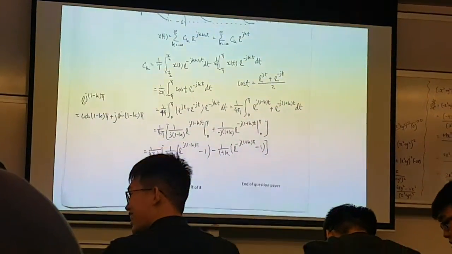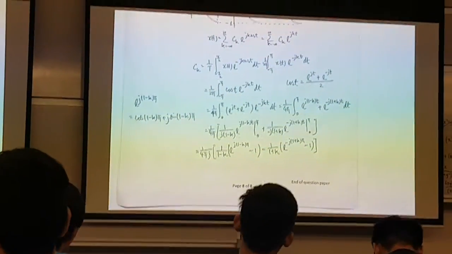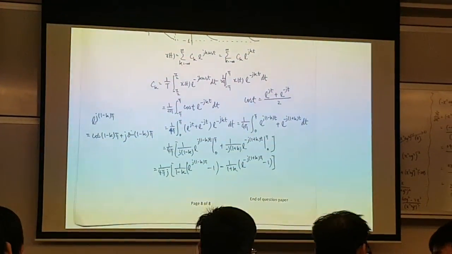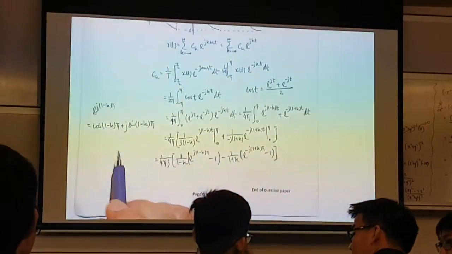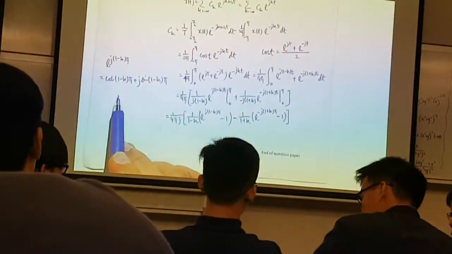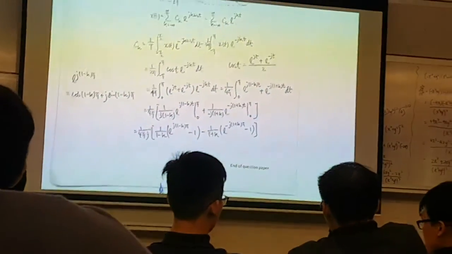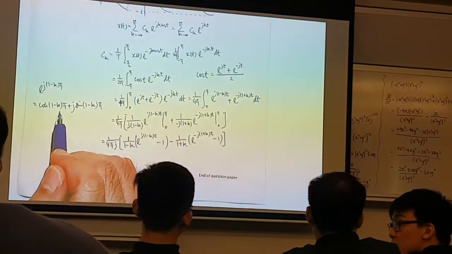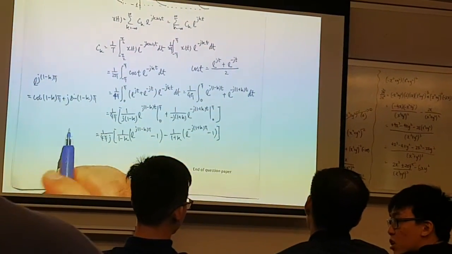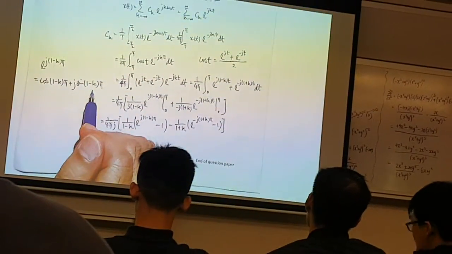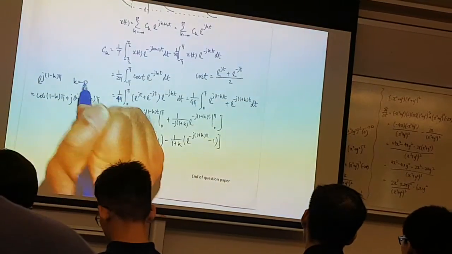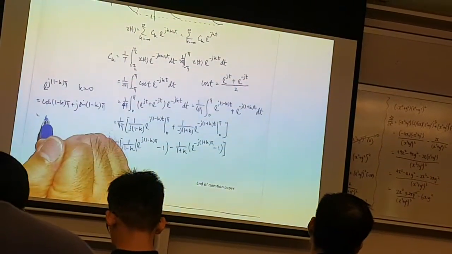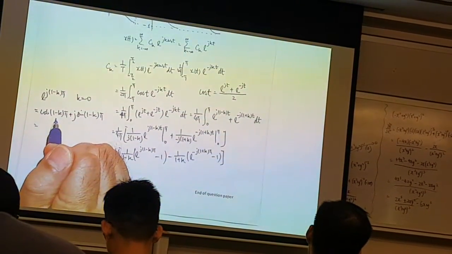With this, when you work it out, you can actually see that when k is equal to 0, what do you get?